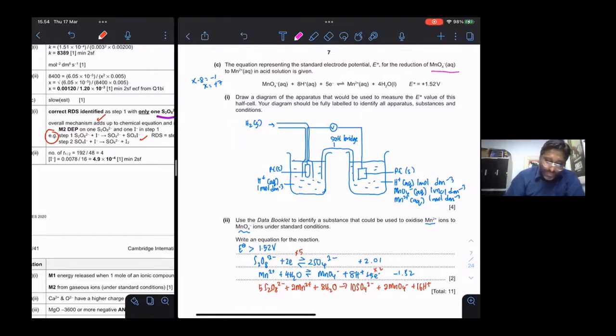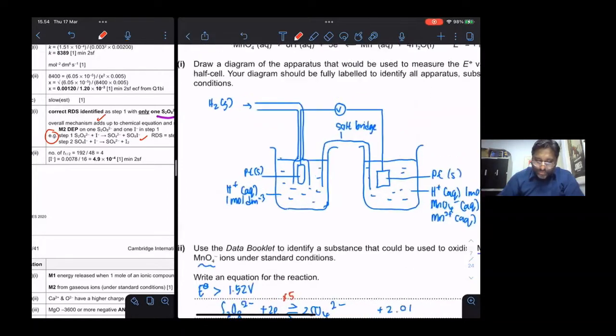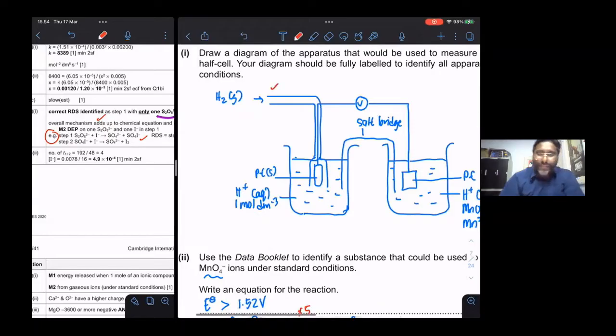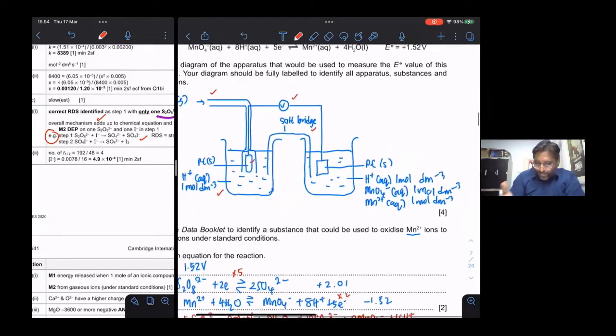So we need to first think about the half cell setup for the hydrogen cell. So you can see the delivery for the hydrogen gas, and you can see platinum electrode, you label accordingly. The electrolyte is going to be H plus 1 mole per dm cube, and you will have the salt bridge, voltmeter, to measure the E value.